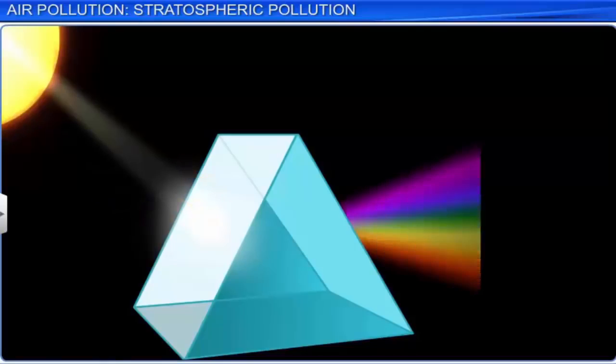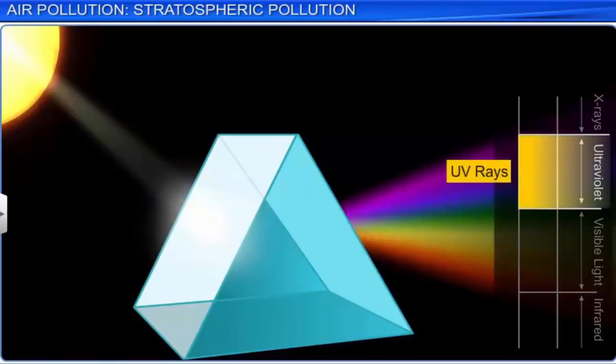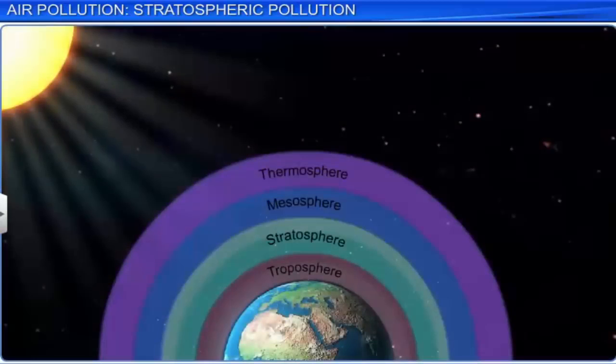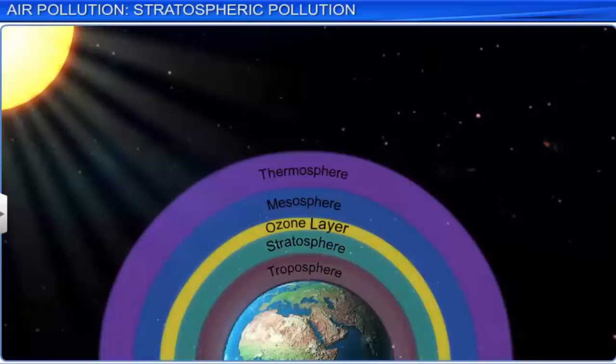Sun rays contain ultraviolet or UV radiations. The second layer of atmosphere, or the next layer of troposphere, is called the stratosphere. In the upper zone of stratosphere, the protective layer of atmosphere called ozone layer is present.